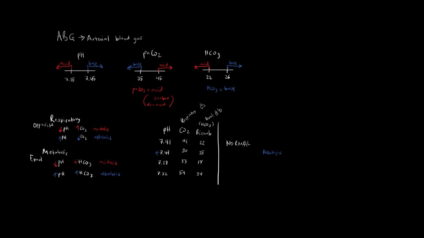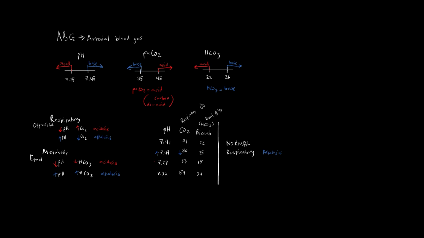So the PaCO2 is 30, which is less than normal, and then the bicarb is 25, which is normal. If we look at the relationship between the pH and the CO2, they're moving in opposite directions. And if you remember ROME, respiratory opposite. So respiratory, the pH and the CO2 are going to move in opposite directions. Thus, this is respiratory alkalosis.